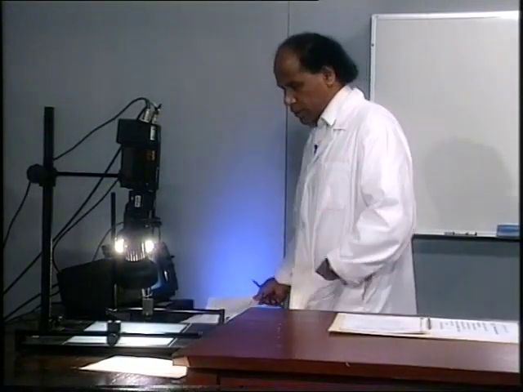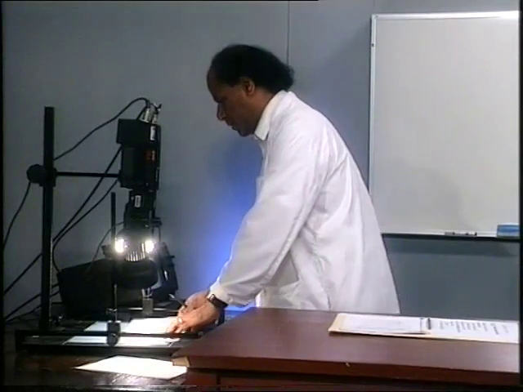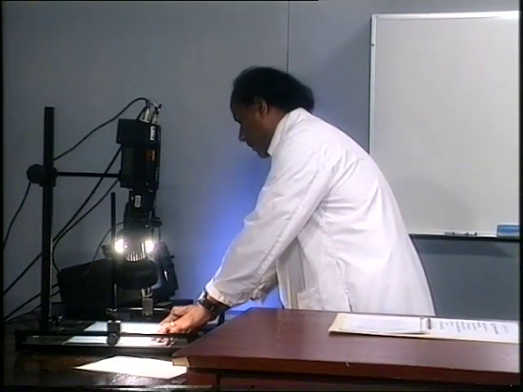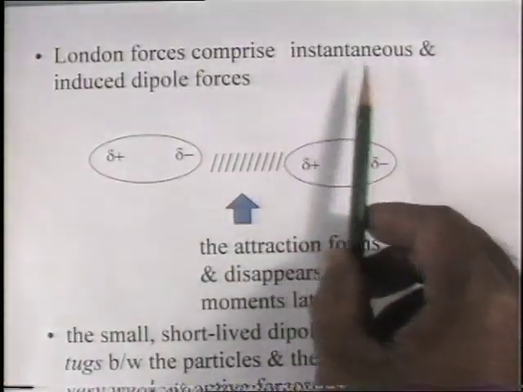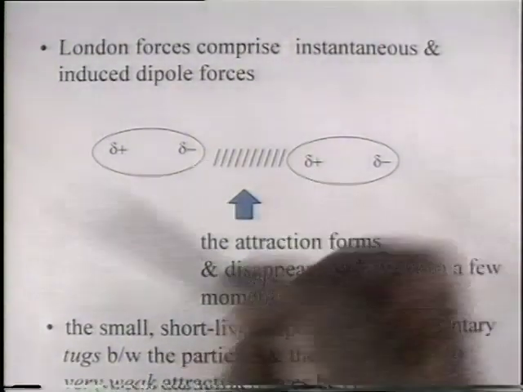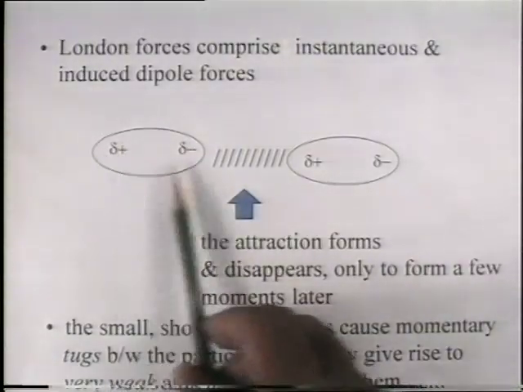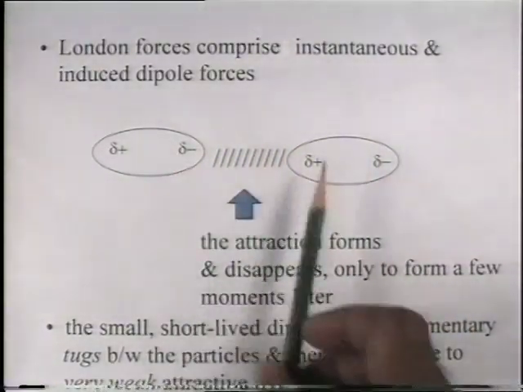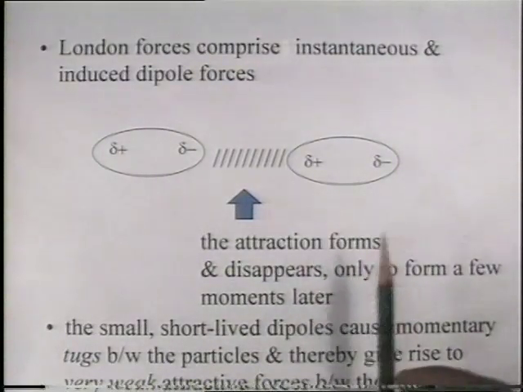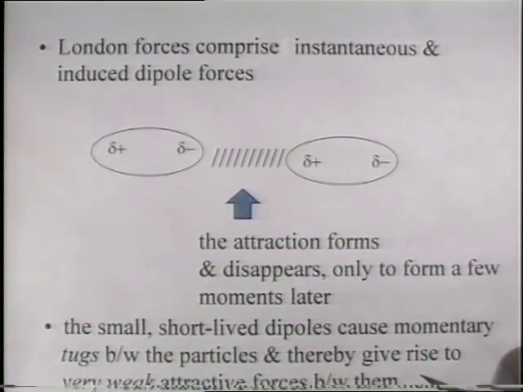So London forces is really the combination of these instantaneous and induced dipoles, as we can see here. So this is the attraction that we find between these kinds of dipoles, instantaneous and induced. So the attraction forms and disappears only to form again a few moments later.